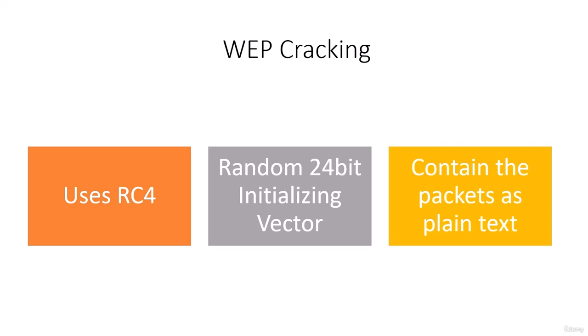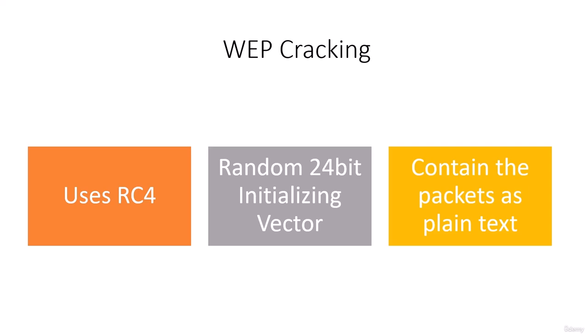In a busy network we are going to have a very large number of packets. This means that the possibilities of unique IVs will be exhausted, and then we will be able to sniff all those packets and collect the packets that have the same initializing vector.